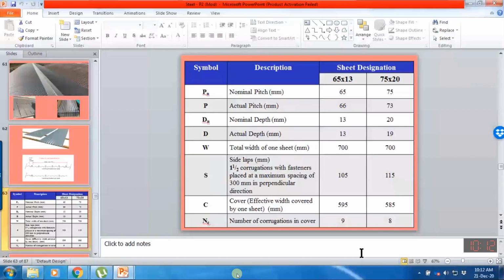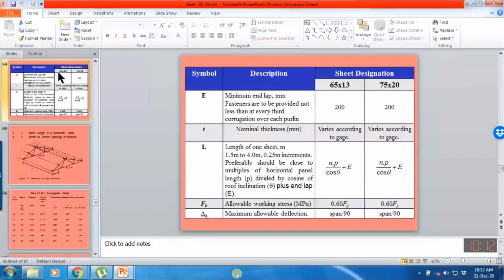So for the end lab, the minimum end lab fasteners are to be provided not less than every third corrugation over each purlin. Sorry, end lab is provided along the purlin and side lab is provided along the other direction. Let me discuss again.